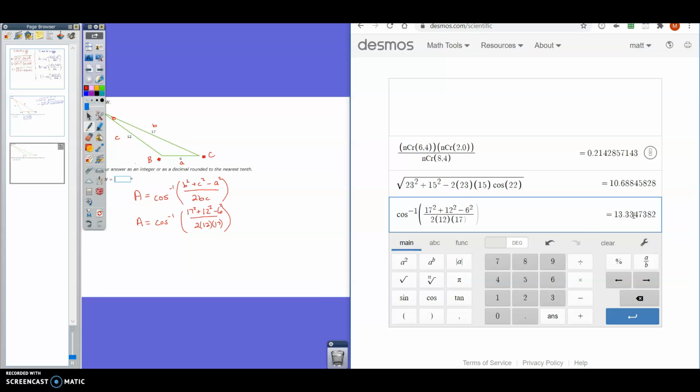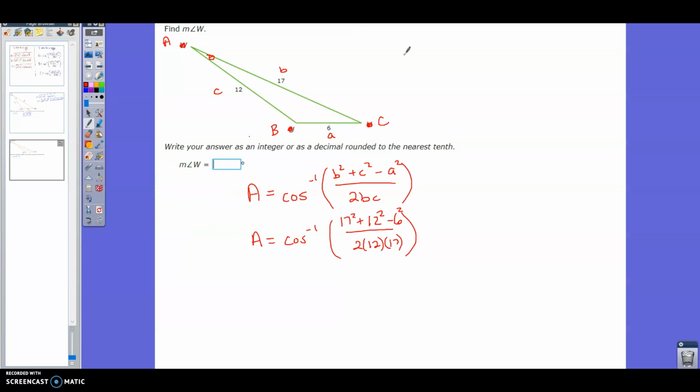So we get 13.33. So the second decimal place is a 3, so we're going to round down. So it's going to be 13.3. And then that's degrees. Now, since we relabeled it, this would really be W.